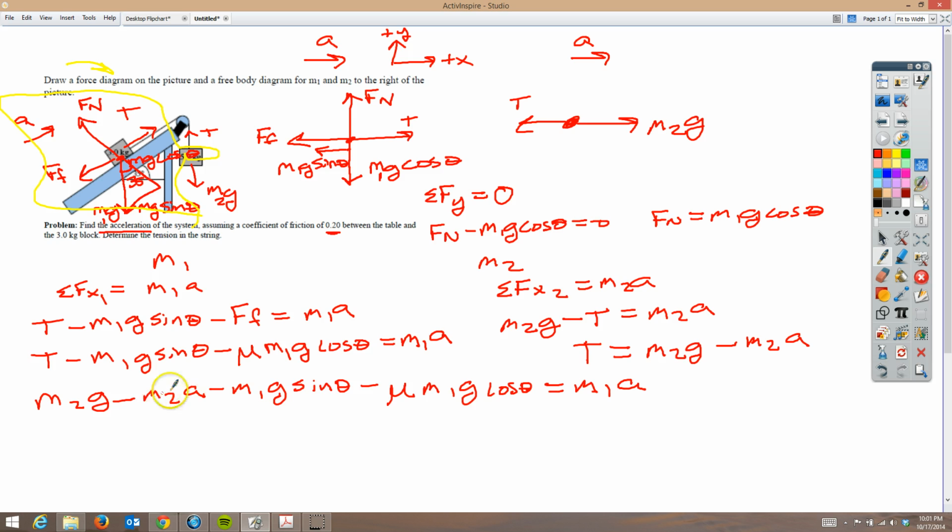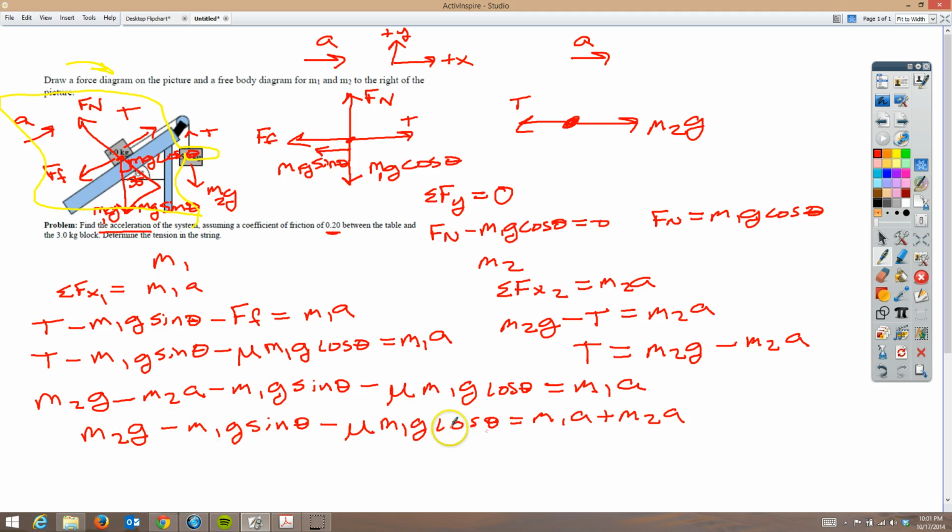So let's go ahead and add m2a to both sides. So this will be m2g minus m1g sine of the angle minus mu times m1g cosine of the angle, and that's equal to m1a plus m2a. On this side, if we wanted to, we could factor out g.